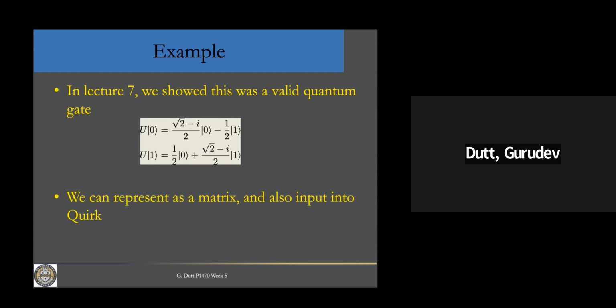So U, I know it probably flashed by too fast, was basically this. I took the coefficients when U was acting on 0 and put them here in the column: root 2 minus i over 2 and minus 1/2. And then U acting on 1 was just 1/2, root 2 plus i over 2.